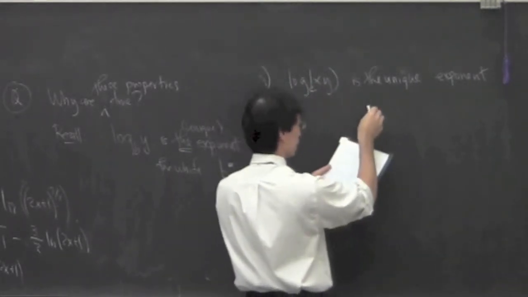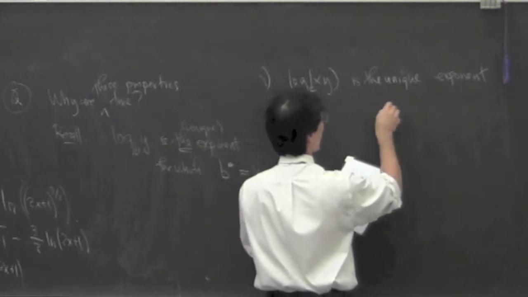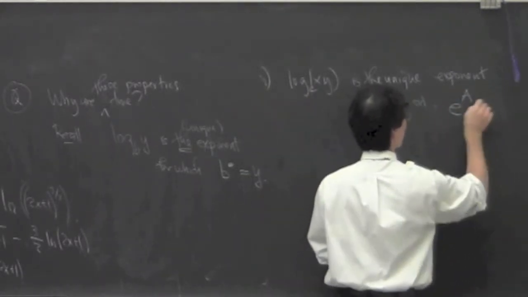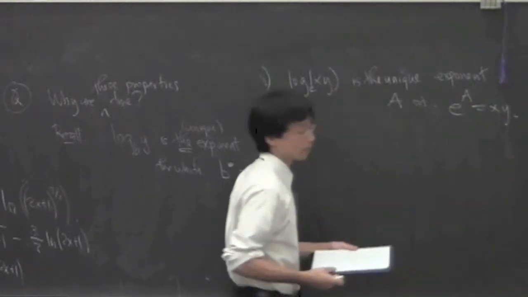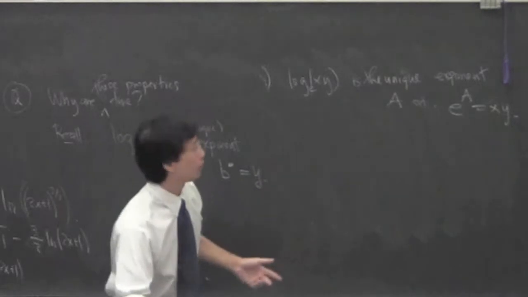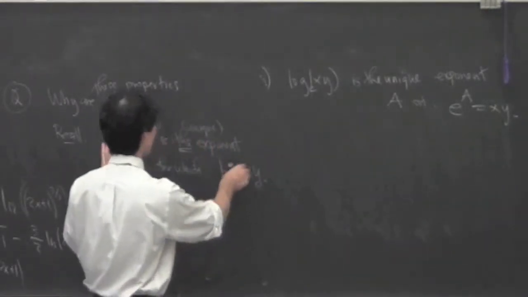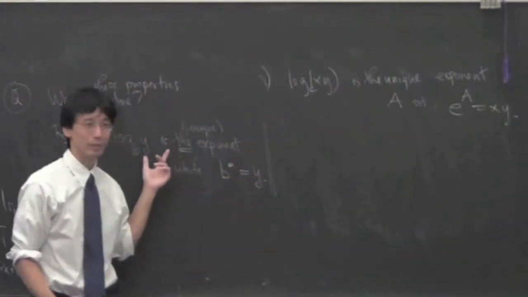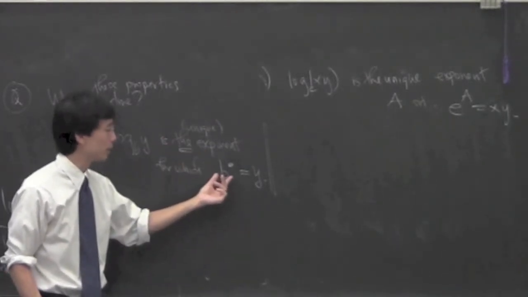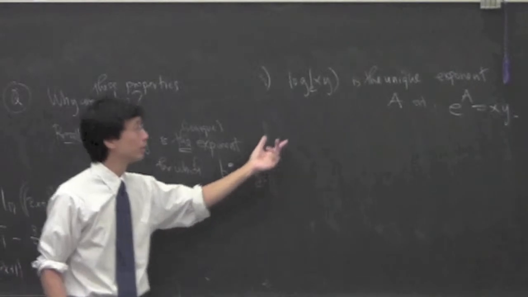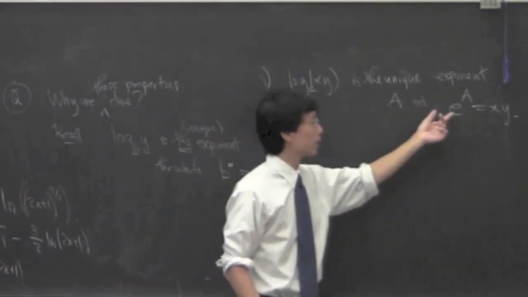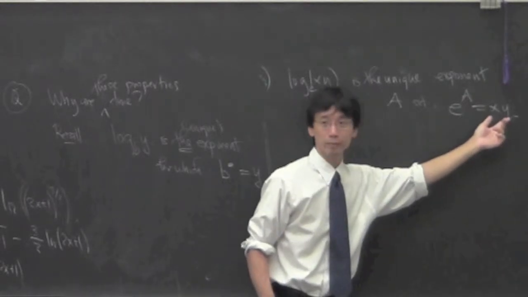It's the unique exponent a such that e to the a equals xy. I'm just saying this again: log of y is the exponent for which b to that exponent equals y. For example, log of xy is the unique exponent such that e to that exponent is xy.